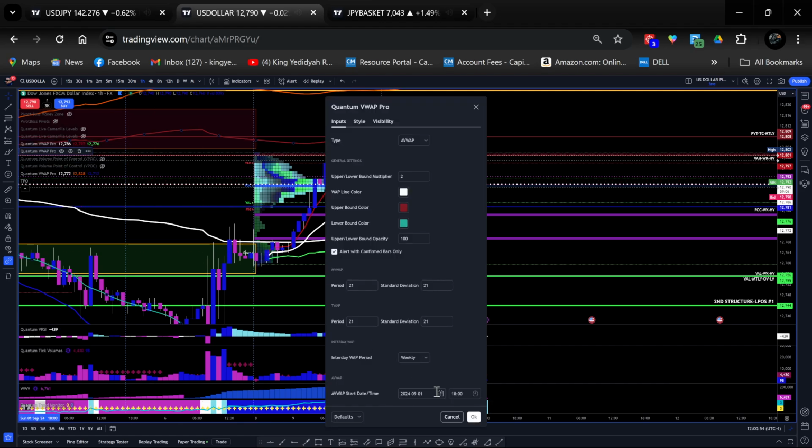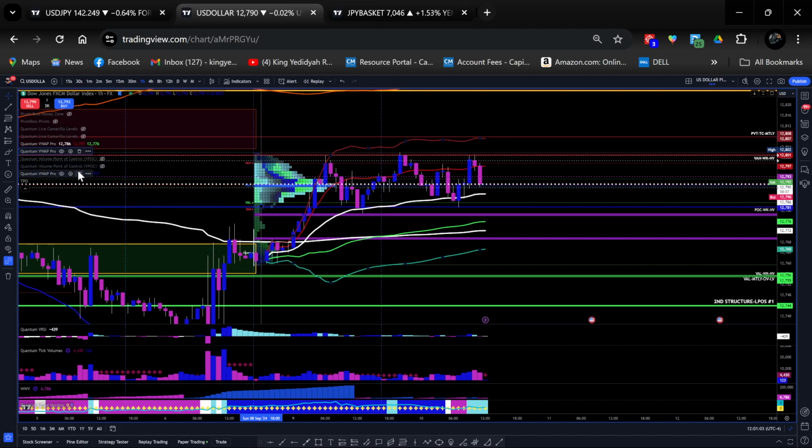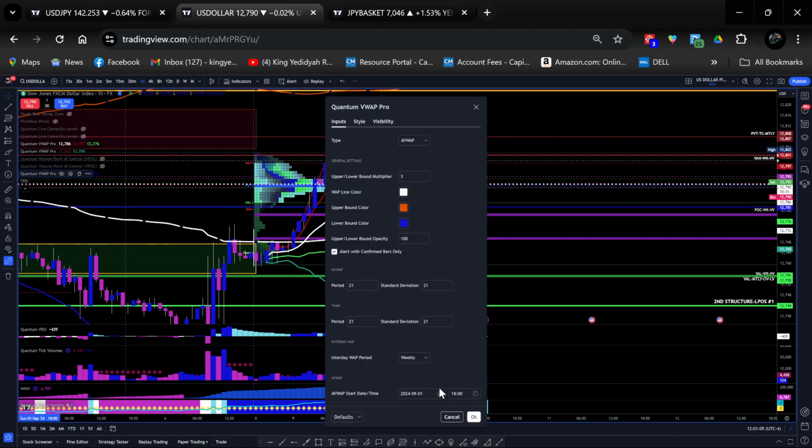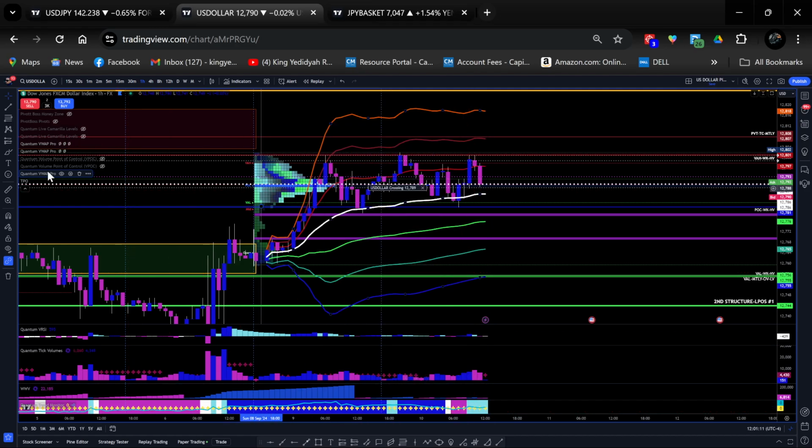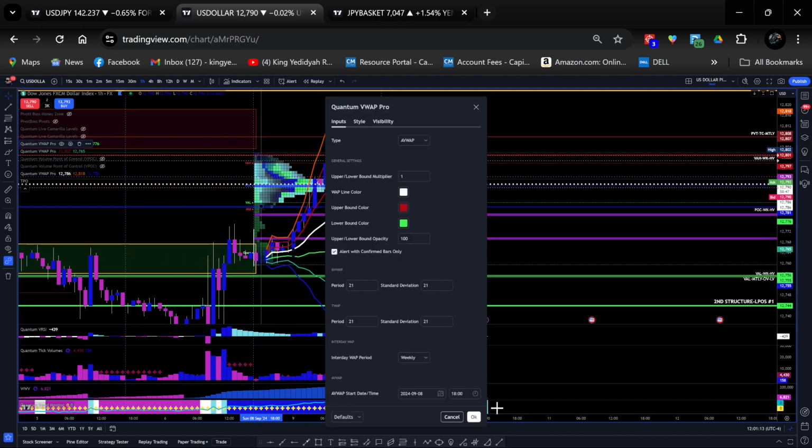So I'm just anchoring these VWAP bands, upper deviations and lower deviations, to the beginning of this week's session, which is Sunday, the 8th of September. And actually it's at 1700 instead of 18.